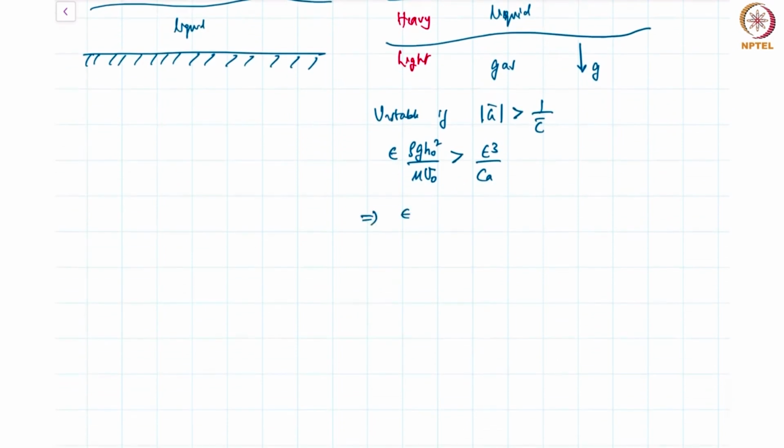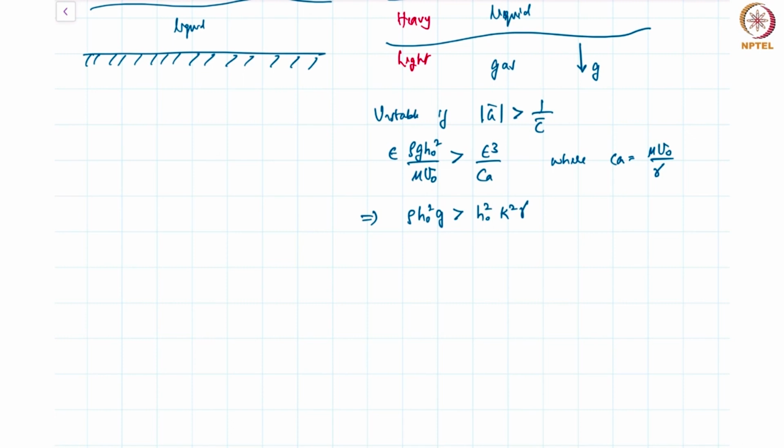And what does this mean? In terms of the dispersion relation, if we do some cancellations here and substitute the expression for capillary number, what we end up getting is a simple relationship: rho h naught square g is greater than h naught square k square times gamma, right?